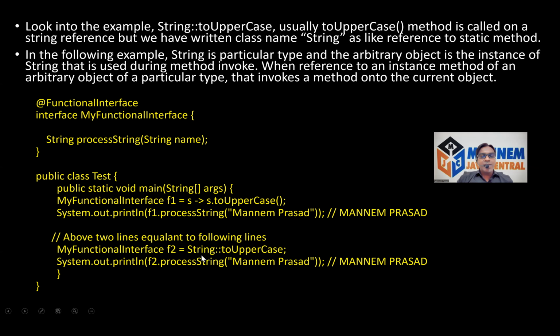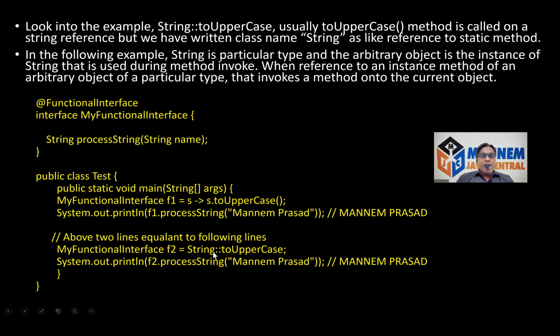But who has created this string? The already predefined String class, rather than you creating this class, which is nothing but an arbitrary object, meaning an instance method of an arbitrary object of a particular type.